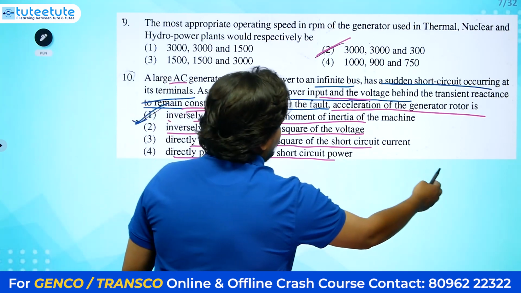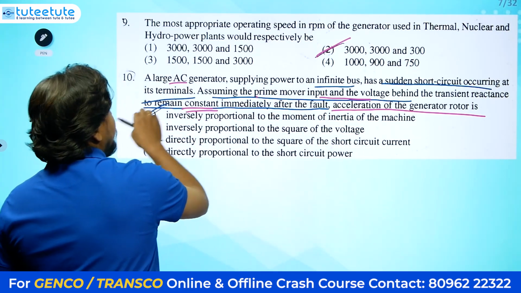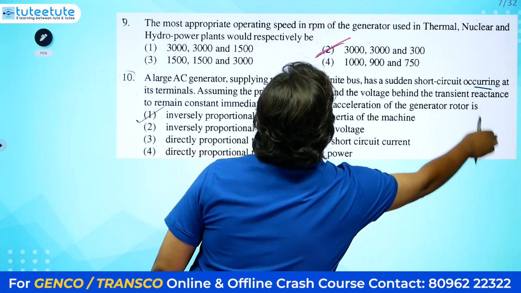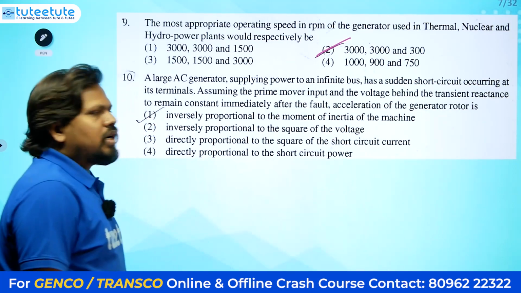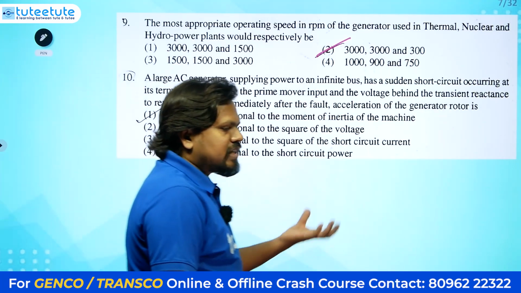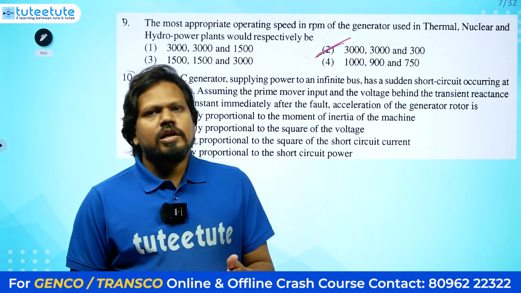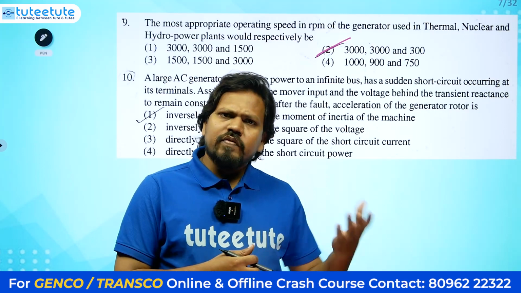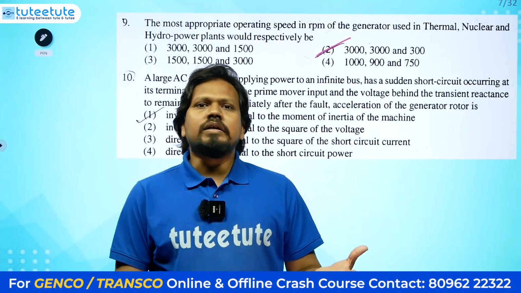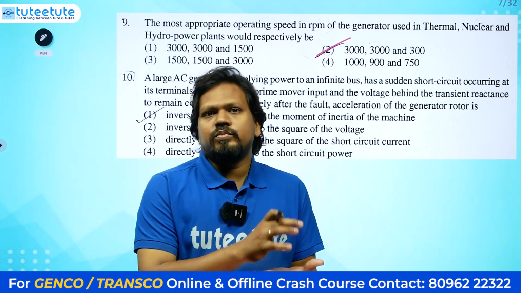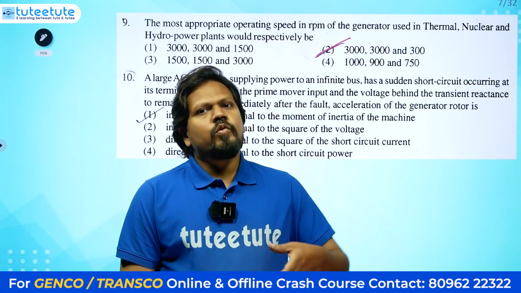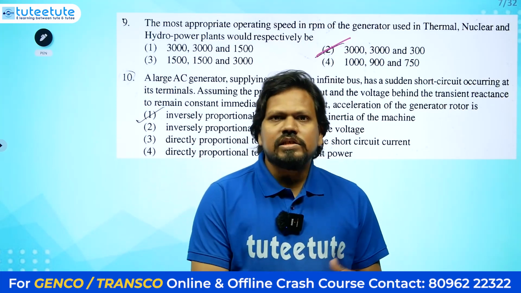So directly from this one we need to get, okay, whenever fault occurs, how the machine will be responding whenever fault occurs on the system. The rotor dynamics: if moment of inertia is high, then the swinging of that machine will be less. If moment of inertia is less, easily it will be swinging.